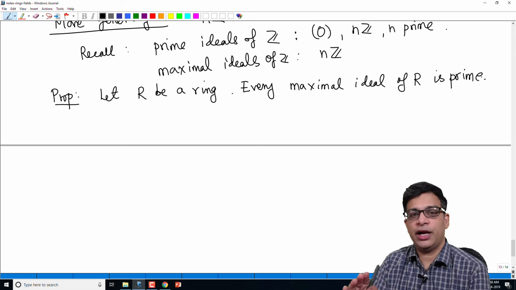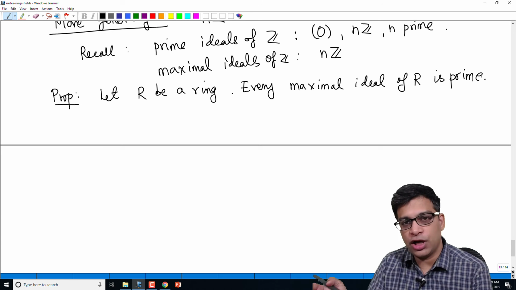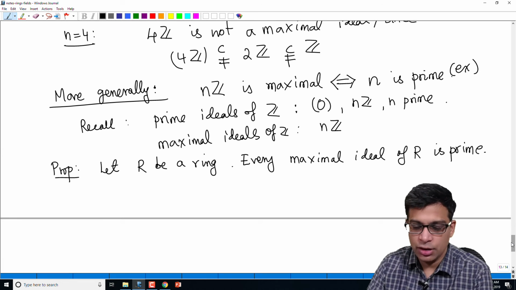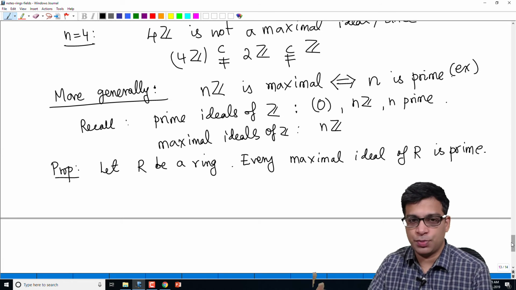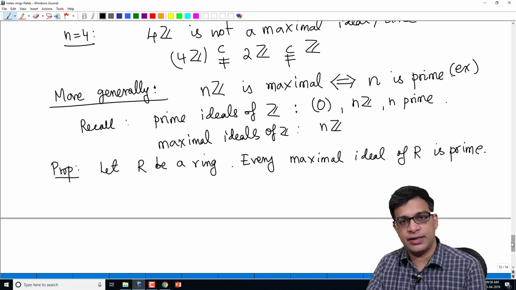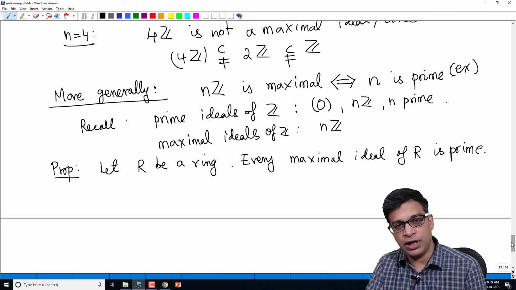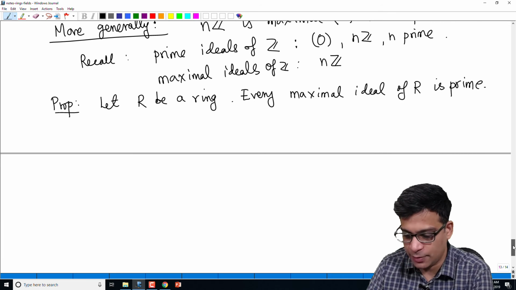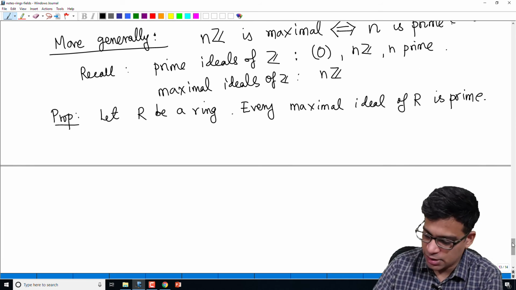So a maximal ideal is automatically prime. We know that the prime ideals are not always maximal because the 0 ideal of the integers is prime, because product of two integers is 0 means one of them is 0, but 0 ideal of Z is not maximal because the ideal 2Z contains 0Z properly and 2Z is a proper ideal. So prime ideals are not always maximal. However, maximal ideals are always proper.